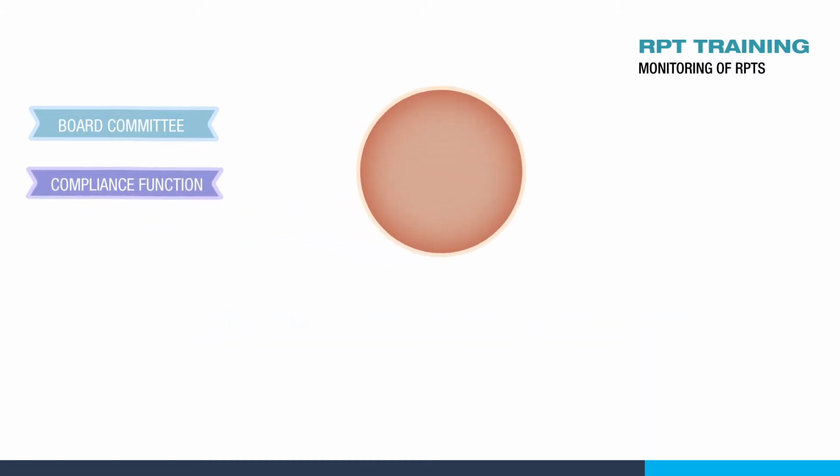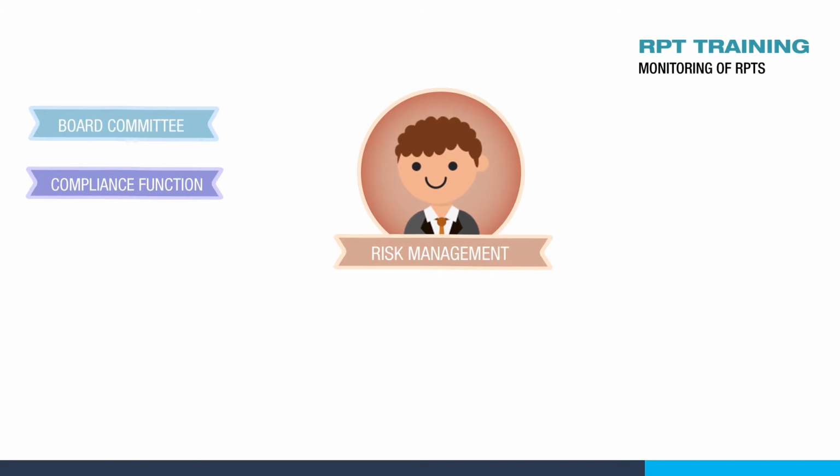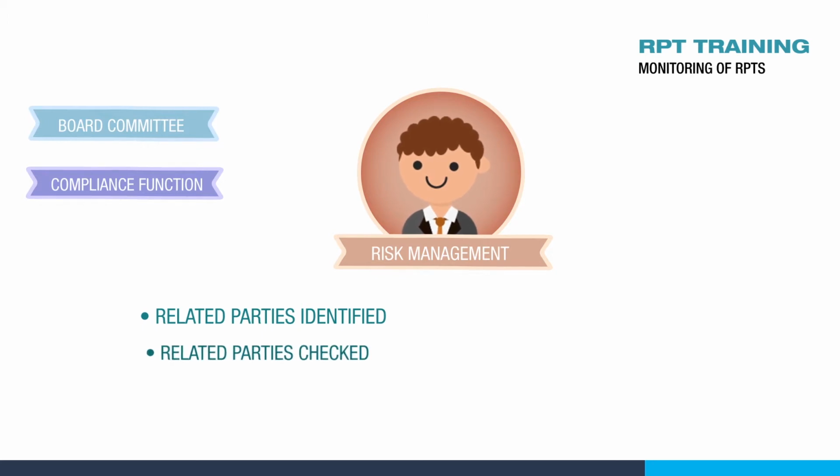Next, let's examine risk management function monitoring. The risk management unit and the Chief Risk Officer should ensure all relevant business units identify RPTs. Risk management should also check for related parties as part of normal transaction review procedures.